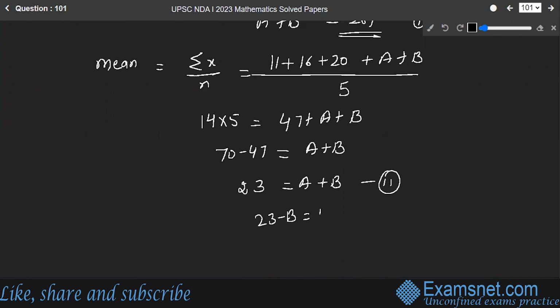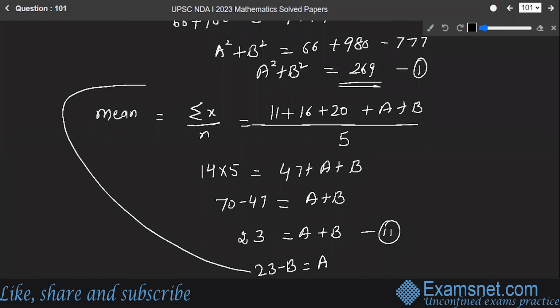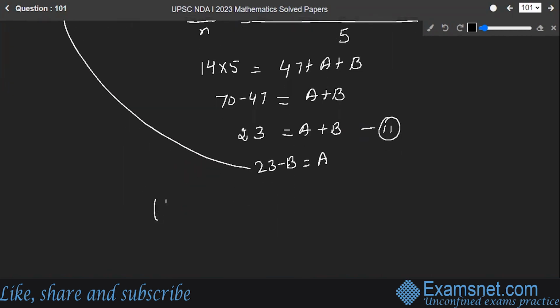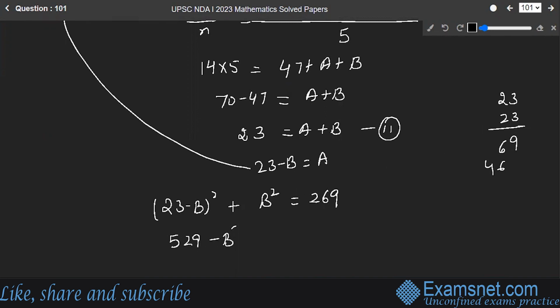23 minus b is equal to a. And I will put this 23 minus b in this equation to solve. So (23 minus b) square plus b square is equal to 269. This is equal to 529 minus 46b plus b square plus b square is equal to 269.